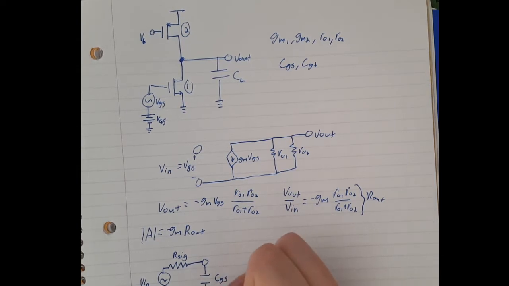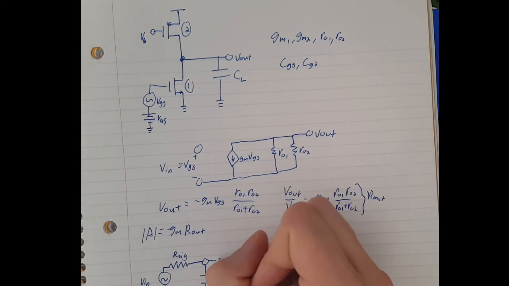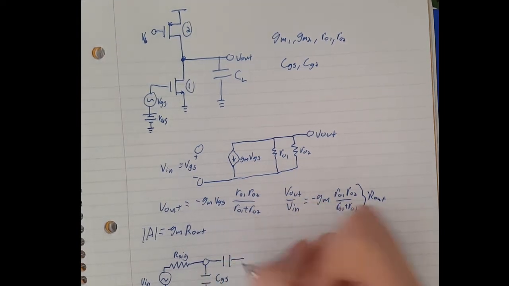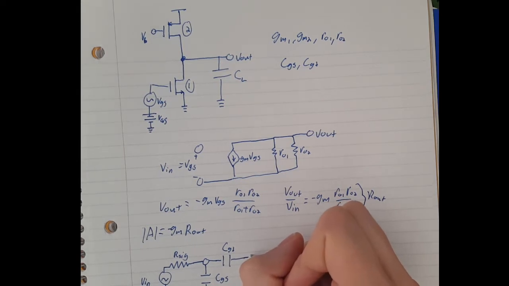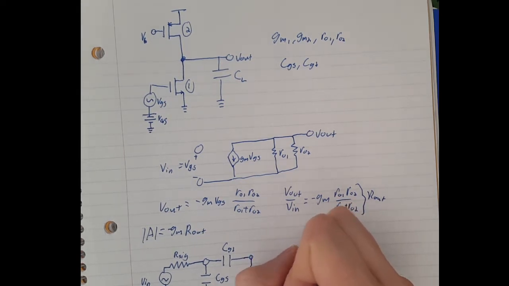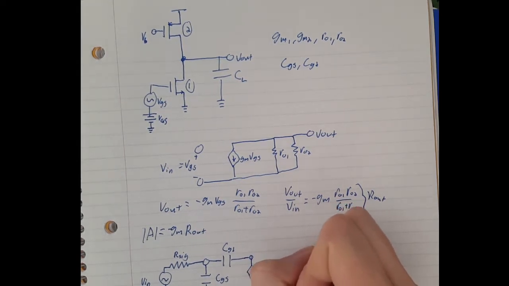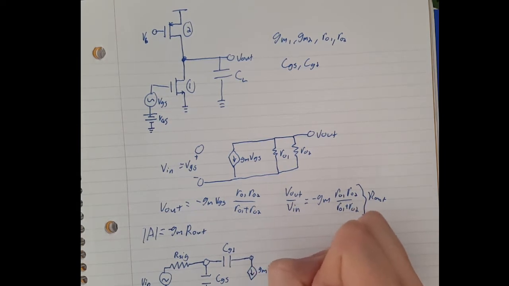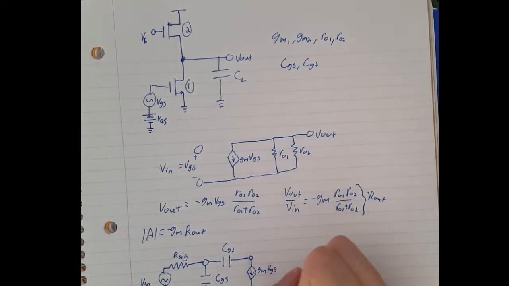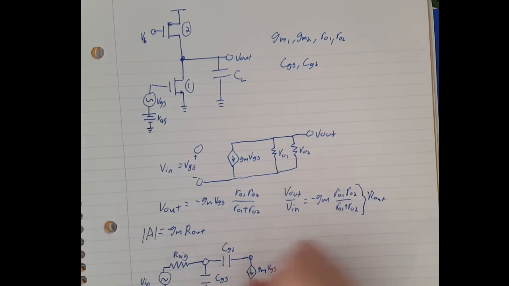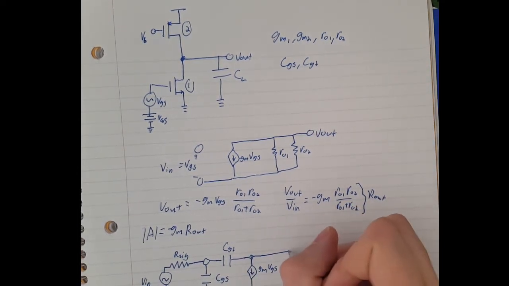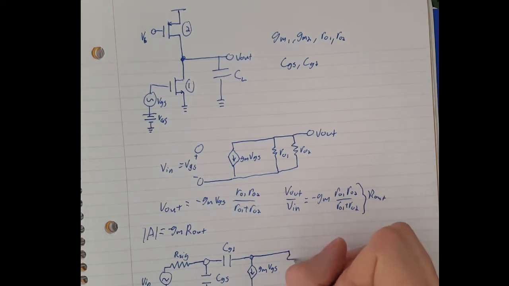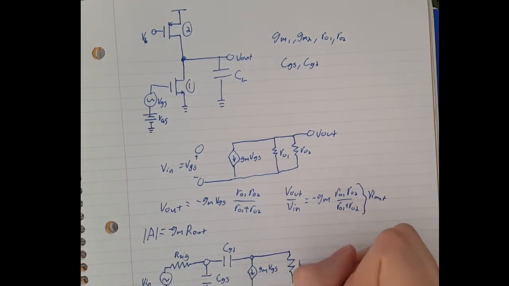And then we're going to have CGS here. We're going to have CGD here. Have our GM VGS right here. Then I'm just going to call this R out.